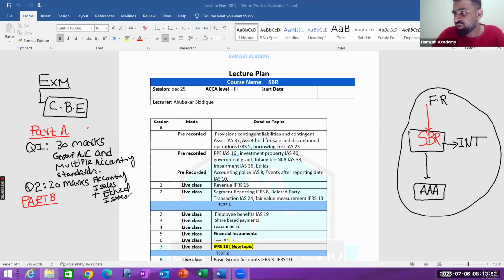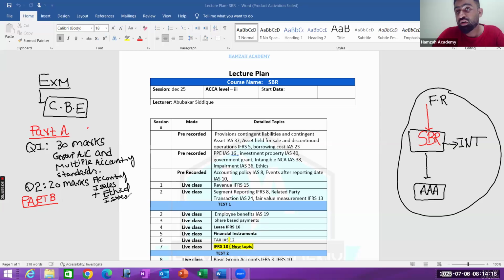For example, there might be an accounting issue relating to an owner-occupied property, IAS 16, but your senior is asking you to treat that property as an investment property and show the gain in profit and loss instead of other comprehensive income. So that would be an accounting issue.